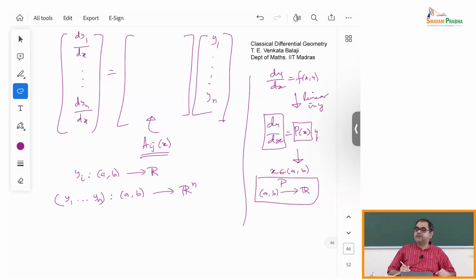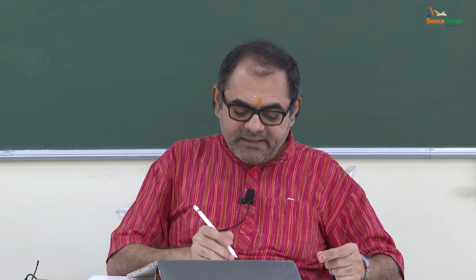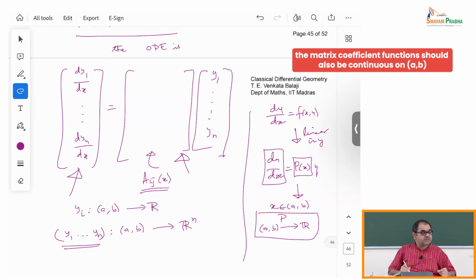Basically you can think of it as a column vector in R^n, with y1 through yn as coordinates. What you are saying is that the derivative of the column vector is equal to a matrix of functions in x times that column vector.